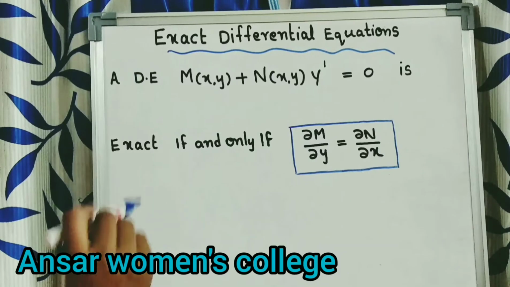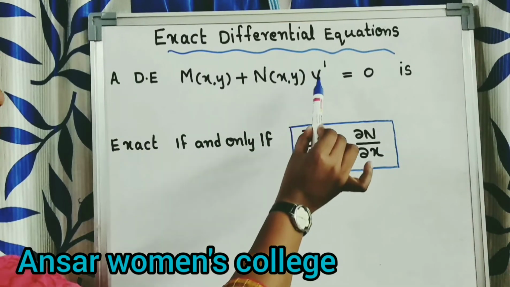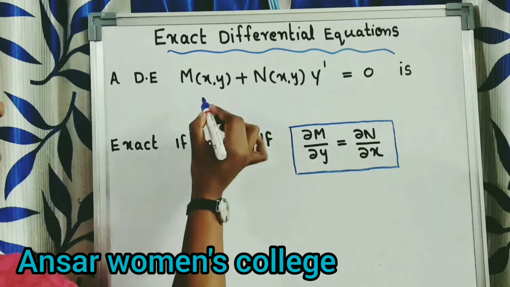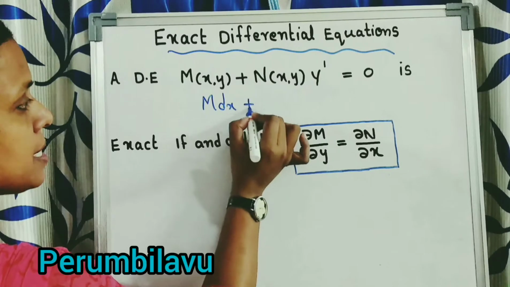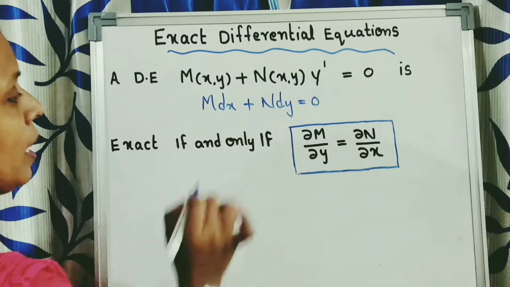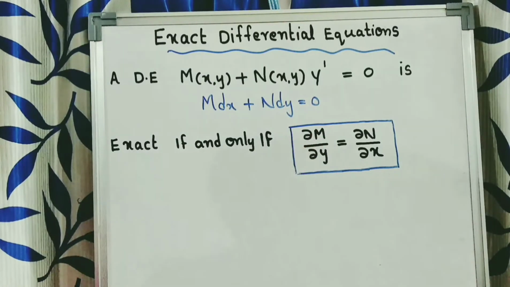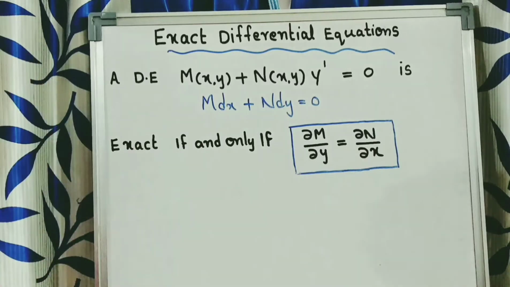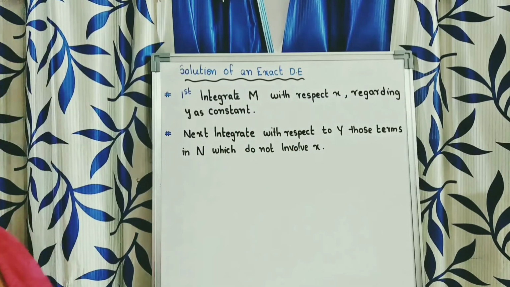That is, a differential equation M(x,y) plus N(x,y) y' equal to 0 can be written as M dx plus N dy equal to 0, and is exact if and only if ∂M/∂y equal to ∂N/∂x.